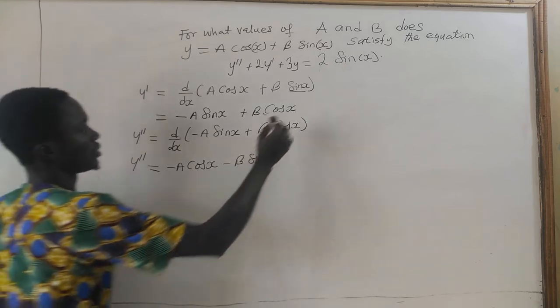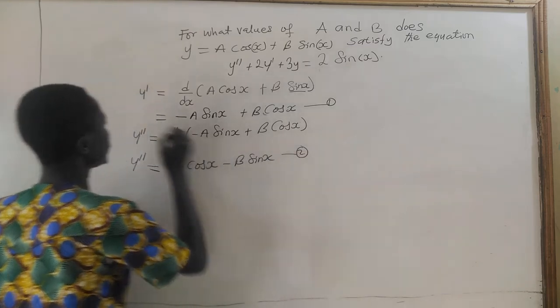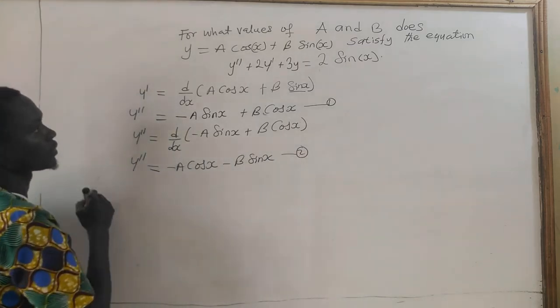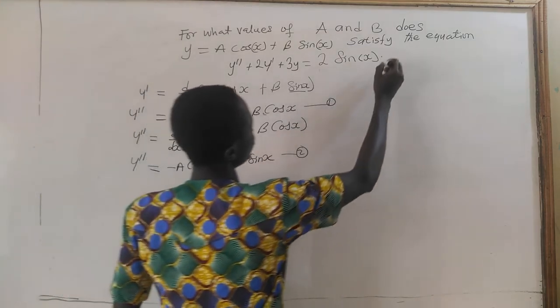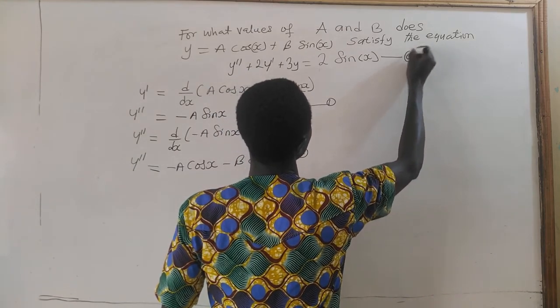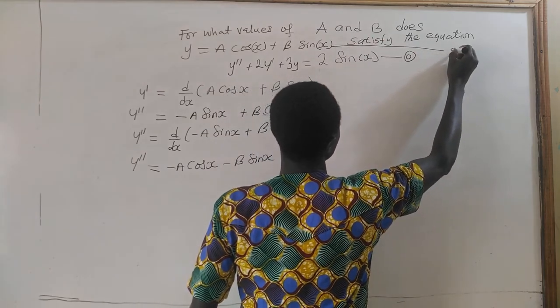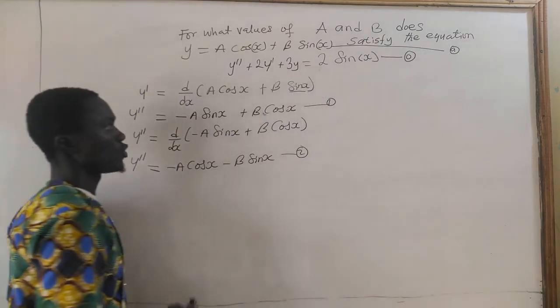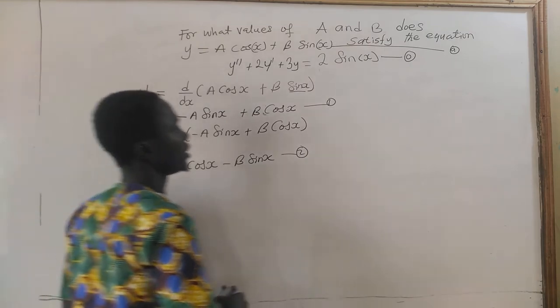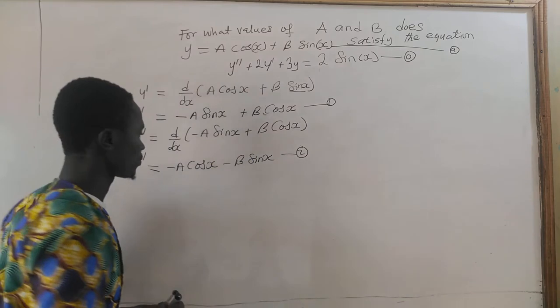Now, I have equation 1, equation 2, equation 0, and let me name the original question equation A. So I'm going to put equation A, equation 1, equation 2 into equation 0.